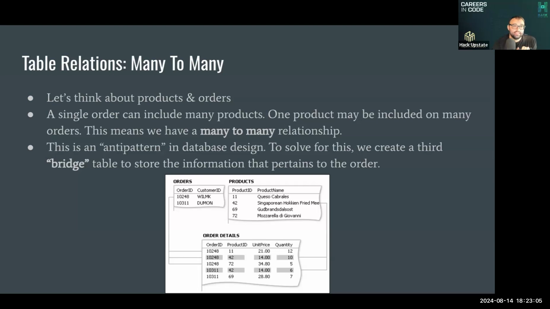Kind of a weird concept, but think about it as basically saying, hey, we're going to break this out into a third table. That third table is going to keep track of the order ID and the product ID, but we won't be duplicating any of the data about the product name or the customer information.